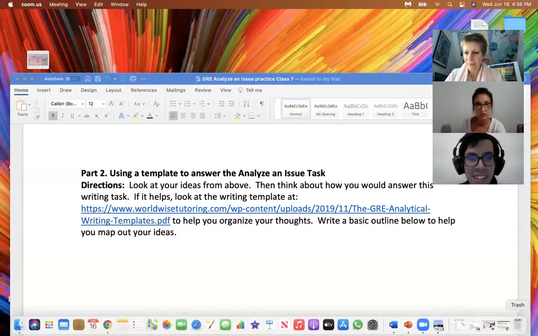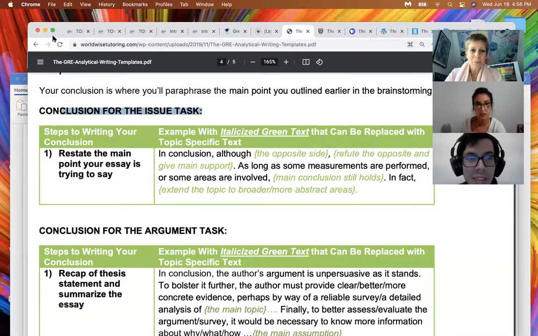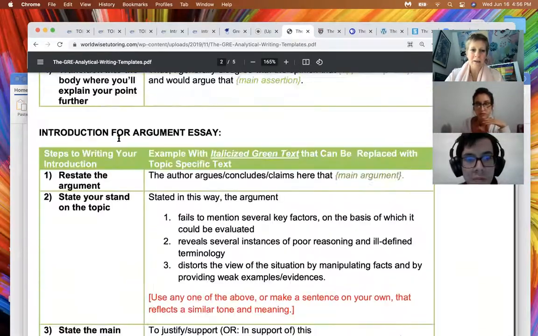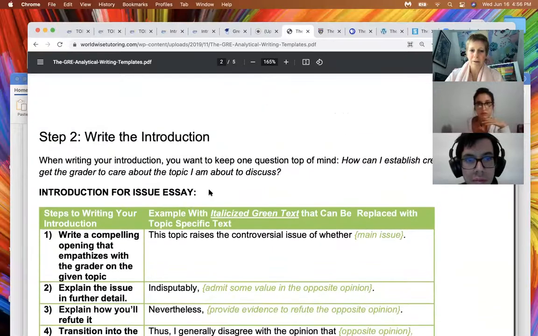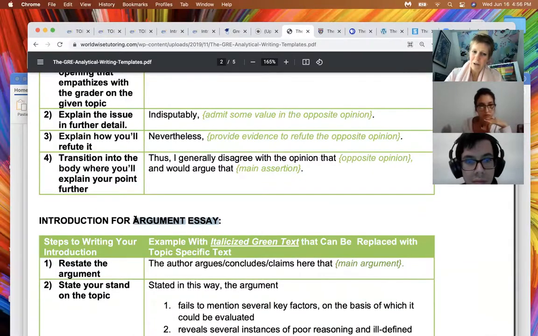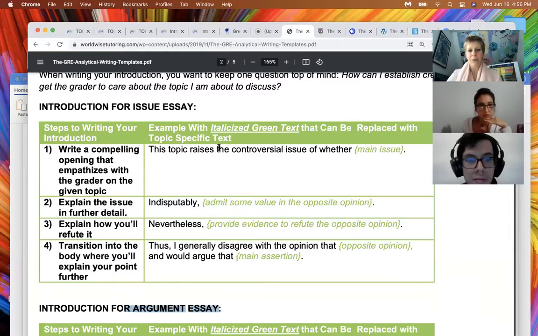So let me just point something out. Sorry, I'm going to share my screen. No problem. So just be aware that the way that they organize it, the first part is always about the issue essay. See here. And then they give you the introduction for the argument essay, which we're going to start next week. So for today, just look at the first part here.